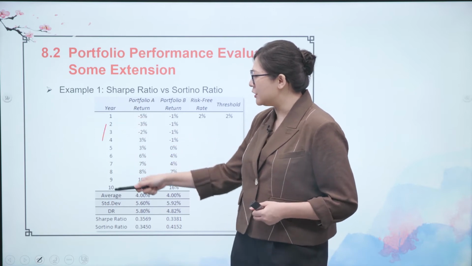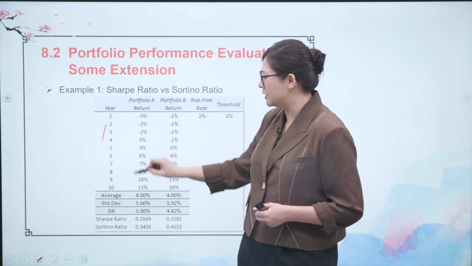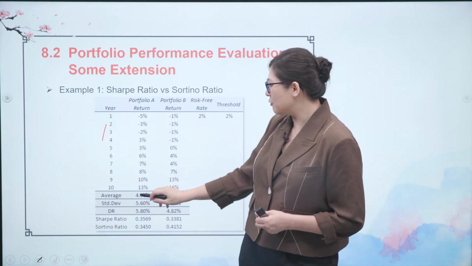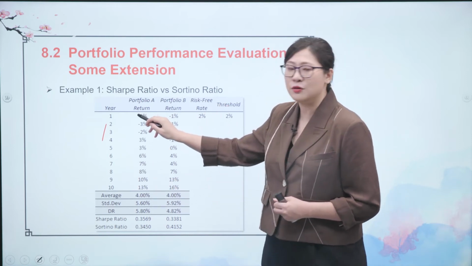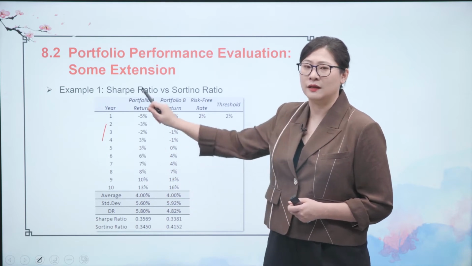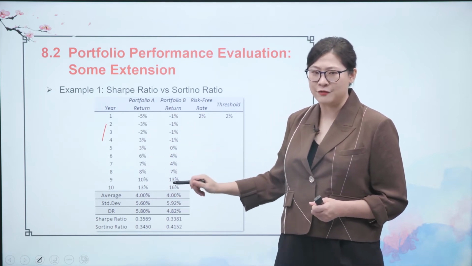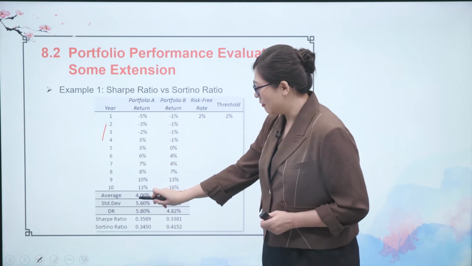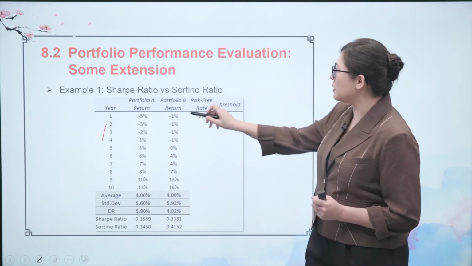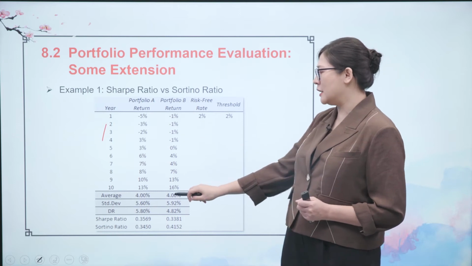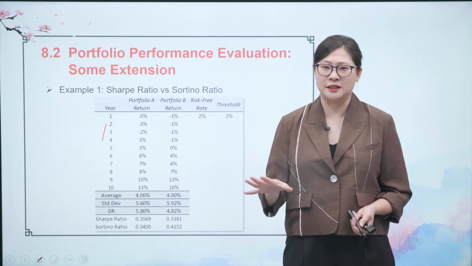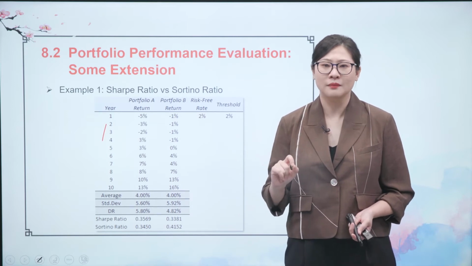What's the average return for these 10 years for portfolio A and portfolio B? For portfolio A, you can calculate the average return in Excel with the AVERAGE function. This is 4%. And for portfolio B, the return is also 4%. So both of these two portfolios have the same average return.